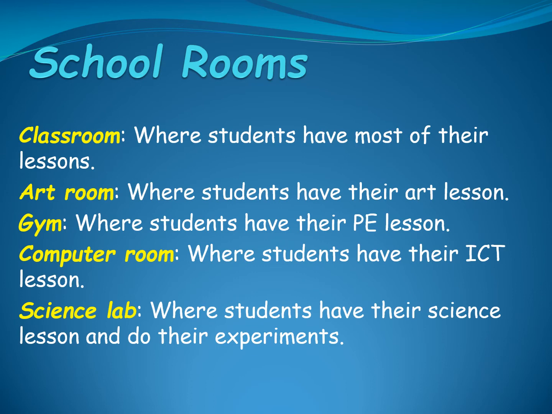They can't do the experiments in the classroom, so they need a lab. Alright, so the science lab is where students have their science lesson and do their experiments there.